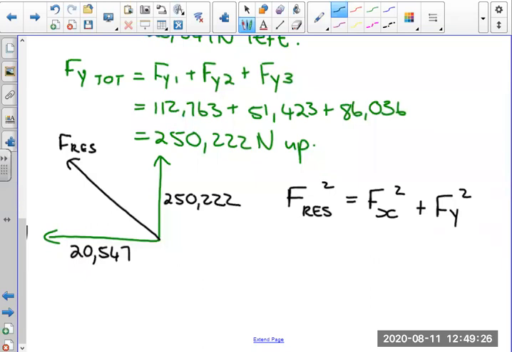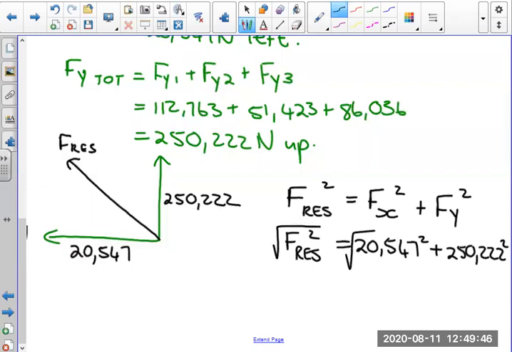Fx, we all know, is 20,547 squared, and the y is 250,222 squared. That would be F resultant or F net squared. Now, when I want to get rid of the squares, I have to square root the whole thing.